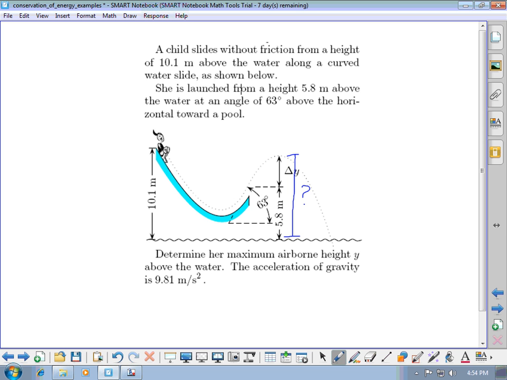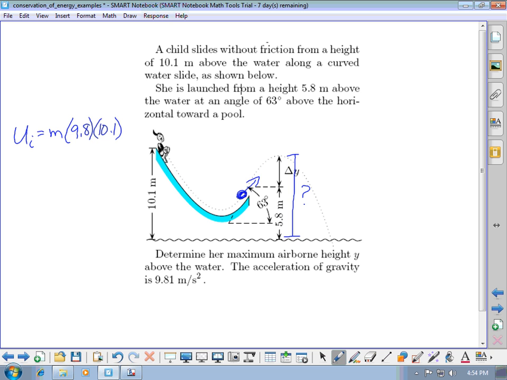To do this, we're going to use conservation of energy to figure out what speed she has when she leaves the water slide. And then this becomes a projectile motion problem. So at the beginning, she has a potential energy of whatever her mass is. Her mass is not given, so it's going to have to divide out in the problem, times 9.8 times the height of 10.1 meters.